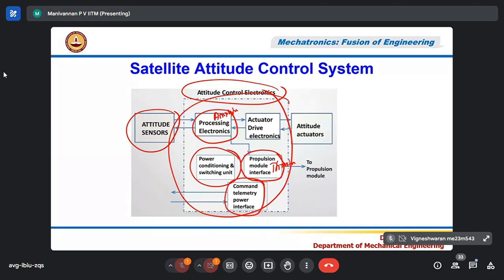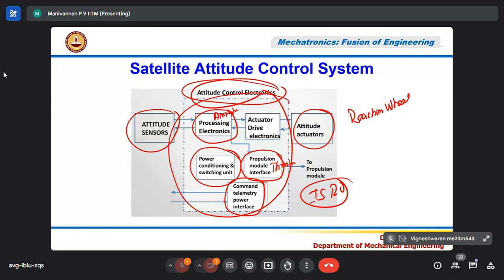Suppose the satellite is not working properly. If something goes wrong, ISRO will send commands to this controller using telemetry, which means wireless communication from Earth, from what they call the ISRO ground station. They can control that. And these are the sensors, to measure. These are actuators, which are nothing but the reaction wheels.